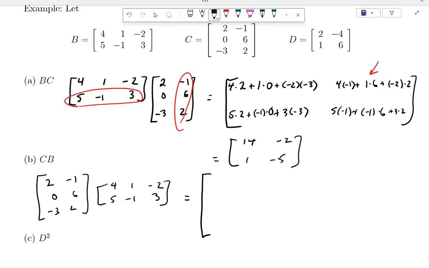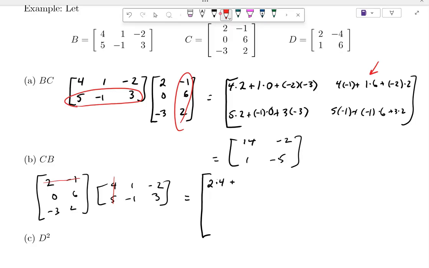What are we going to get for the upper left corner? What do you have to compute to get the upper left corner? Two times 4, and add. Remember, we go across the row and down the column at the same time.